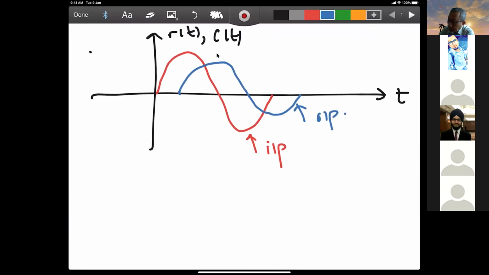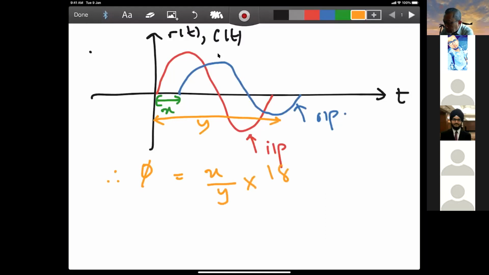So you can see that there is a phase difference between the input and output signals. Let's say the distance is x, and one cycle of input is y. So if you want to measure the phase difference, it is x divided by y multiplied by 180 degrees, because one cycle is pi, 180 degrees, and then there is a negative and positive.